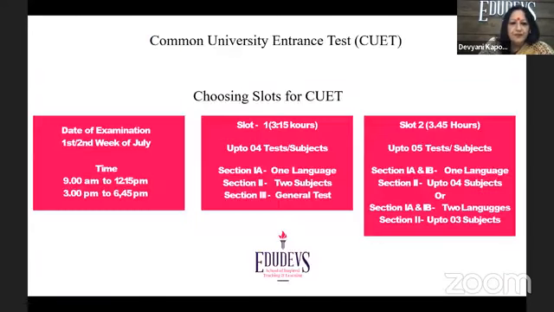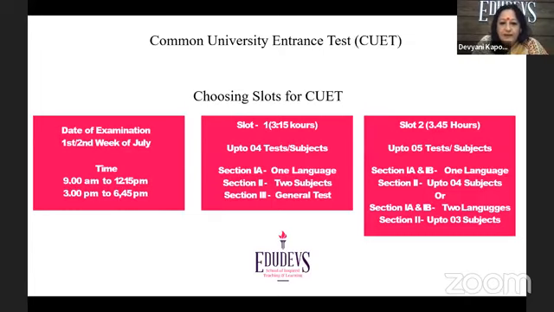Next slide, please. So the date of examination is tentatively, again it is tentative, the 1st or 2nd week of July. As we were talking about the 2 slots, the students could choose the slot depending upon how many subjects they'll be opting for in section 2. So one slot is 9 a.m. to 12:15 and the other is 3 to 6:45.